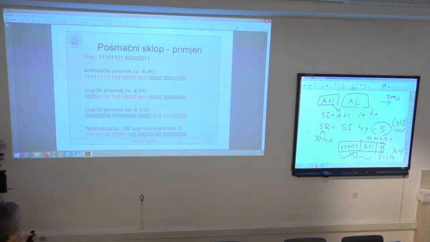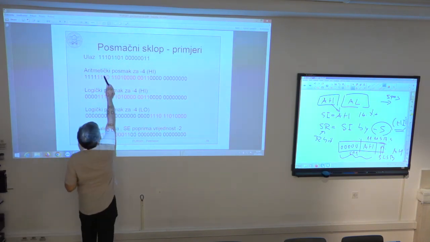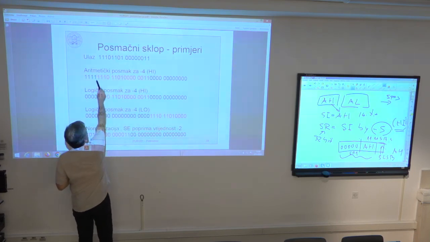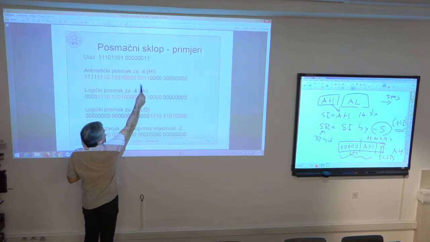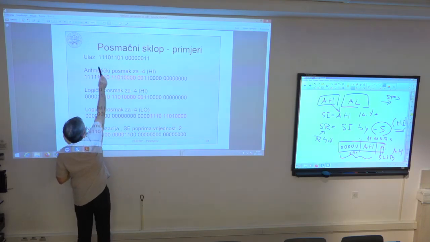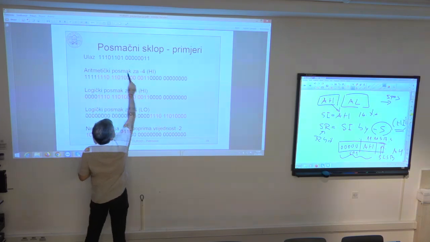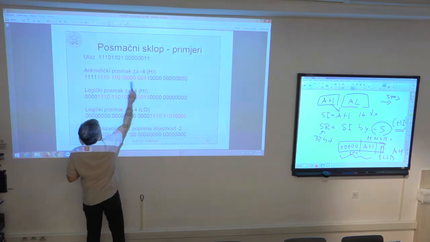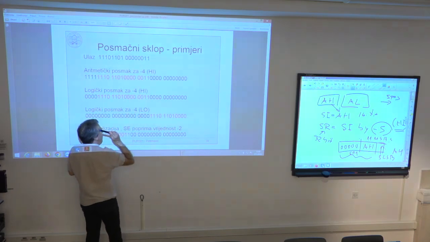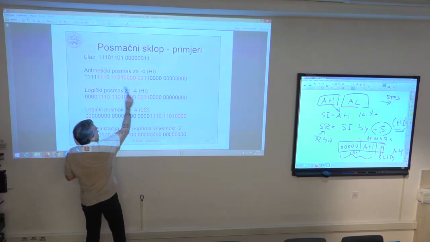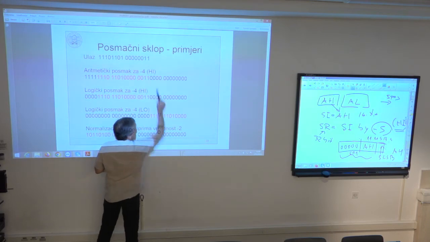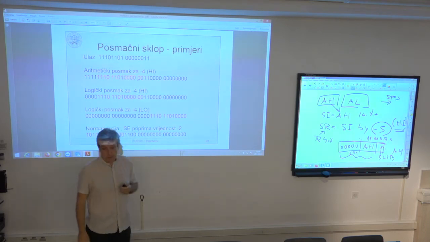So it says here, this input is shown here, 16-bit at the top. Arithmetic shift by -4 relatively high would simply repeat this first bit 4 times, then copy this input word. These 20 bits: the 12 bits are in SR1, and these 4 bits are on the top of SR0.